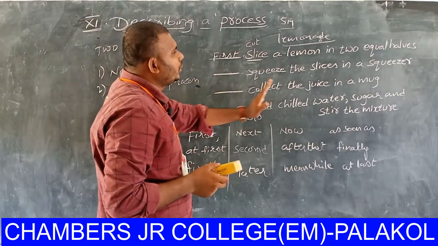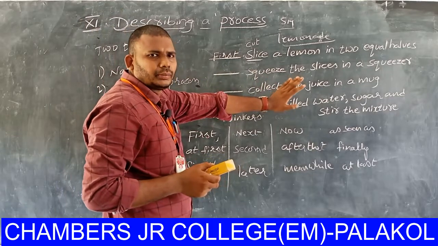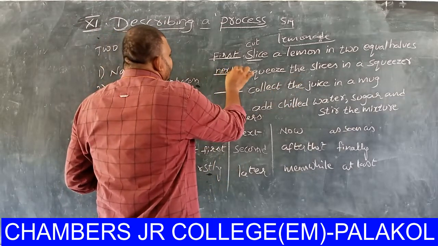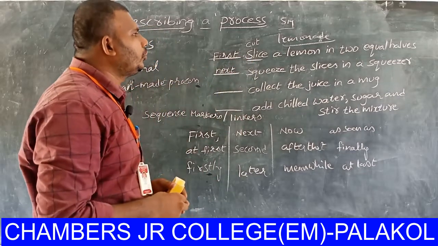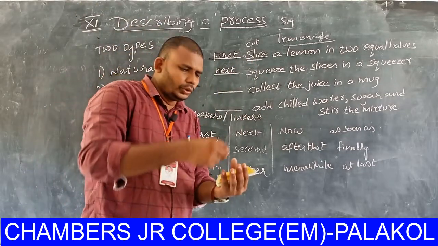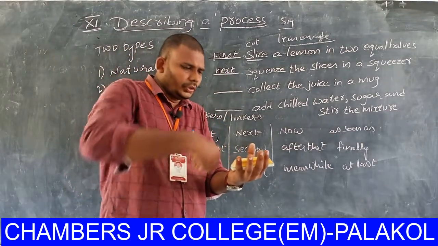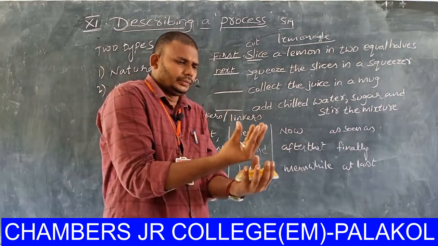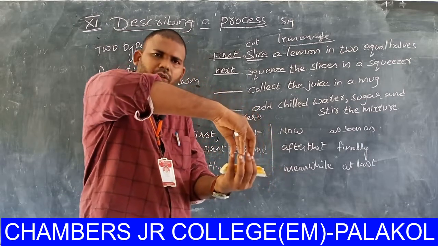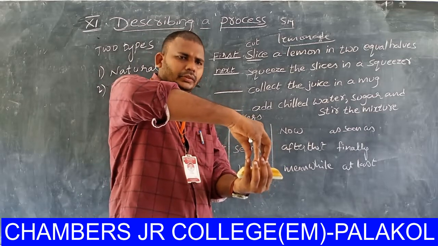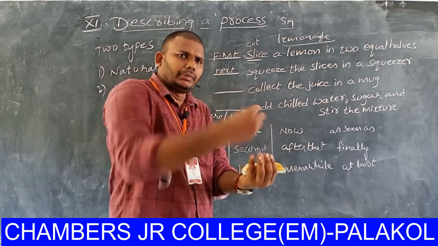Next, squeeze the slices in a squeezer. This is the second point, and here we can use "next". Do you know what the squeezer looks like? It is round in shape, but the top of the squeezer is in the shape of a cone with knuckles around it.